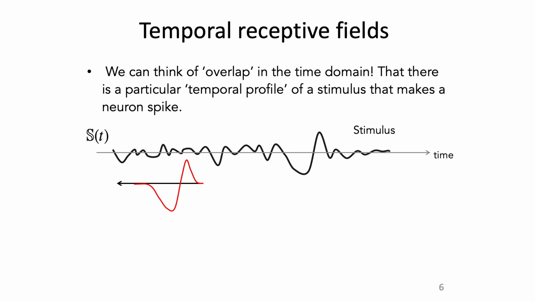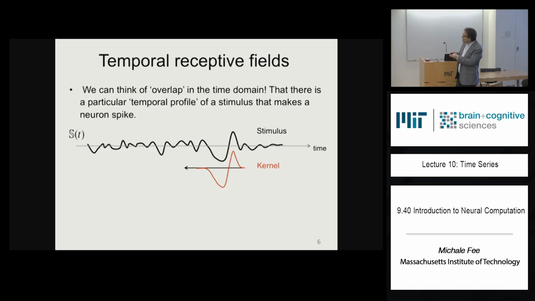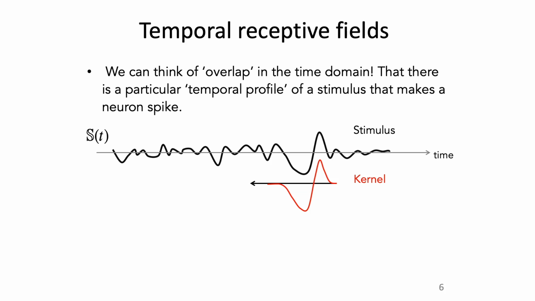The way we think about that is that the kernel is sliding across the stimulus. We're doing that same kind of overlap. We're multiplying the stimulus times the kernel, integrating over time, and asking where in time the stimulus has a strong overlap with the kernel. You can see that in this case, there's a strong overlap at this point. The stimulus looks like the kernel.